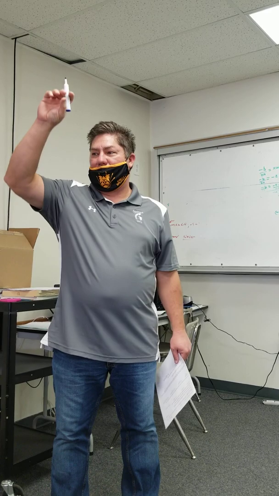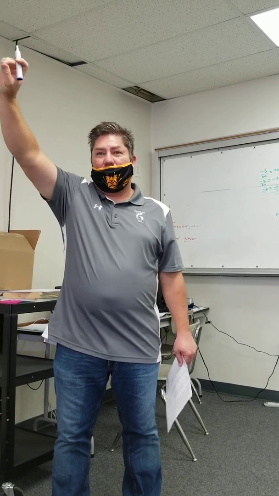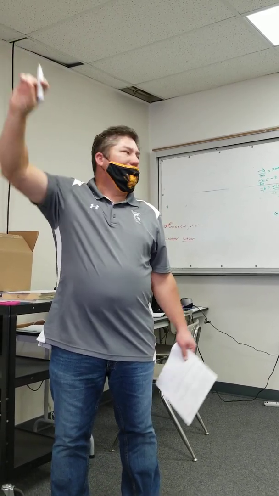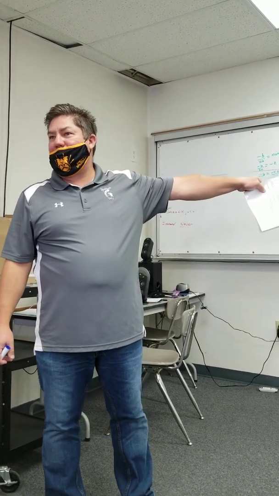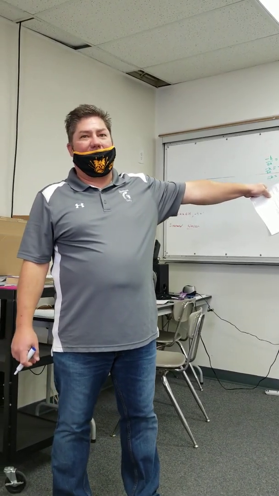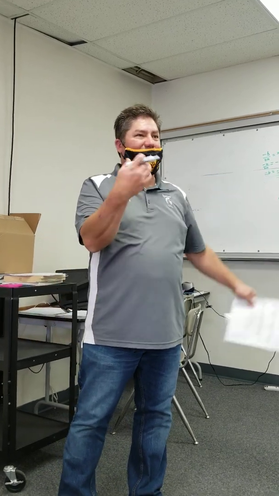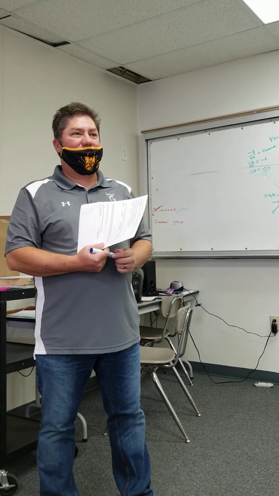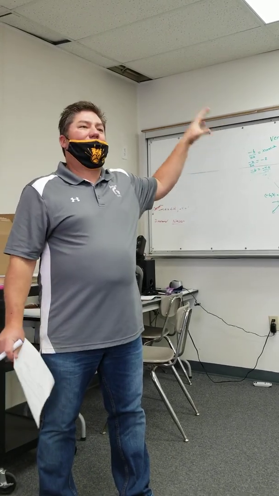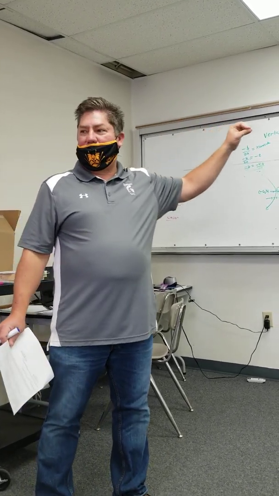Everybody got it? So I took x to the first, what's 1 plus 1? 2, that's how I get x to the second. When you multiply, you add the exponents. You might want to write that out to the side if you forgot, okay? If you knew that before I even said it, you don't have to write it down. But if you're like, oh yeah, that's how we got x squared, then write that out to the side. When you multiply, add the exponents, okay?